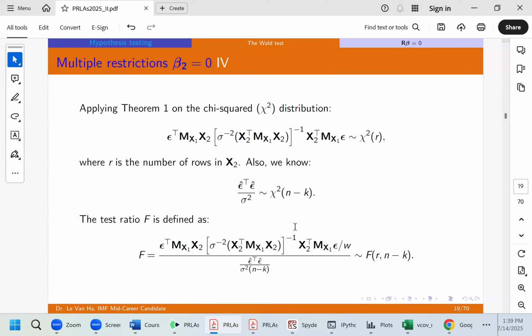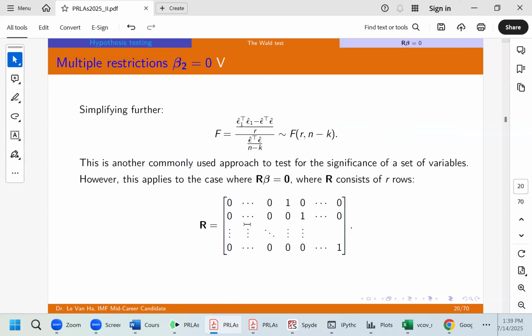So the F in this case could be written in this form, and after some manipulation, it will be written in this one. Okay. So if you want the punchline: if you want to compute the hypothesis test that part of the coefficients are zero, first you run the restricted model, removing the variables whose coefficients you suspect are not relevant or are zero.